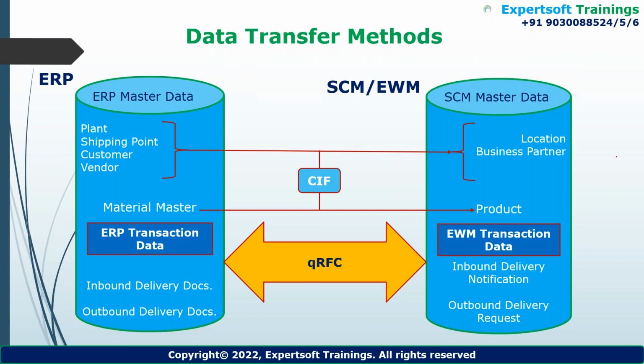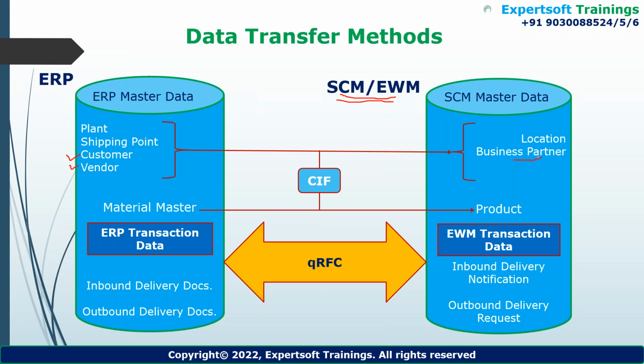Now the data transfer. First of all, as I told you, EWM is on the SCM system. Initially we were transferring all the master data to your SCM EWM system, because they both have a different set of master data. For example, here you were creating a vendor master or customer master, but the SCM system uses business partner.